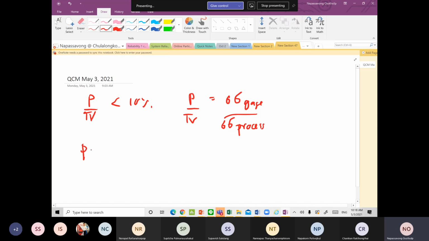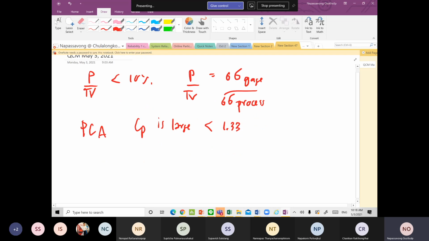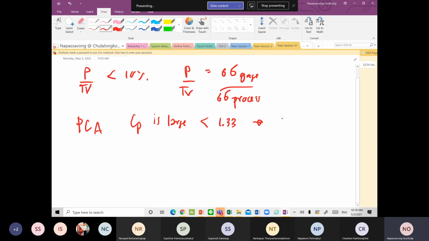Suppose, remember when we do process capability analysis, if this CP number is large, like over 1.3, oh, no, sorry, it's less than 1.33, right? Remember that? If it's less than 1.33, that means sigma of the process is too large, right?